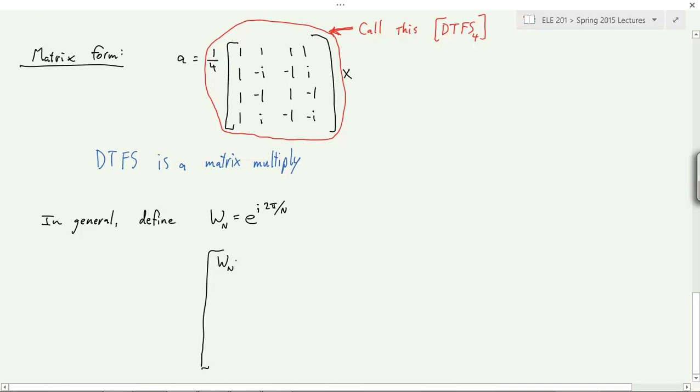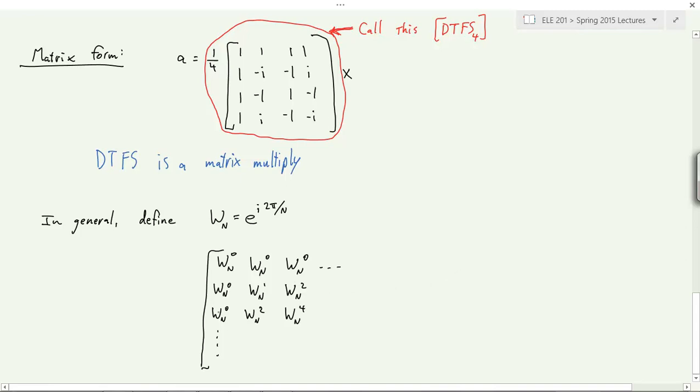Consider this matrix. Okay, so I filled out a matrix where the first row is all this constant to the 0th power. Well, to the 0th power, that's just 1. So this first row is all 1. Okay. The second row is that constant to a power that increases as you move along the row.